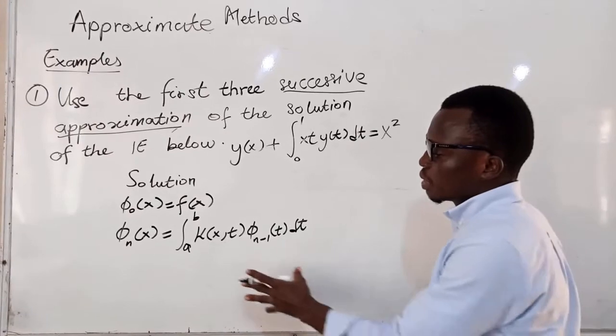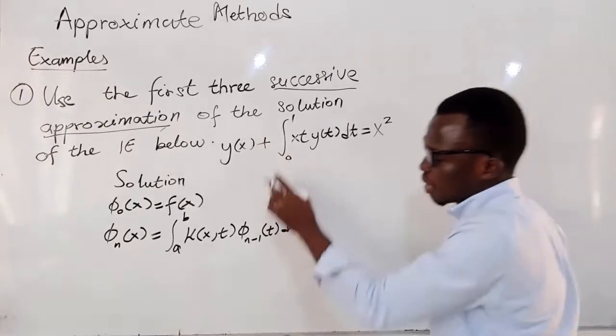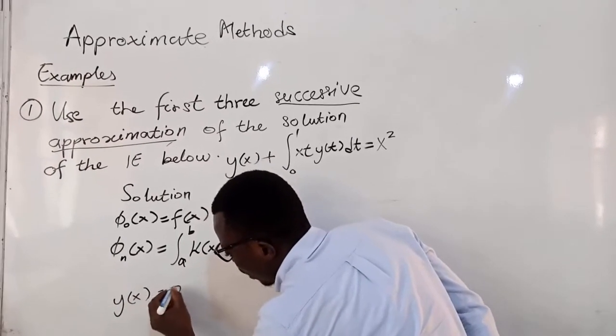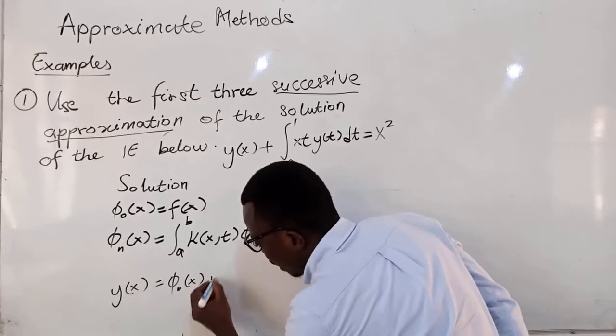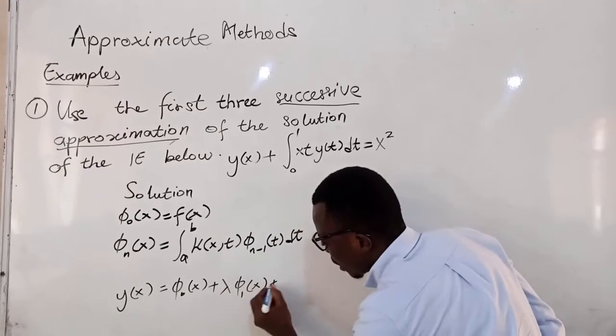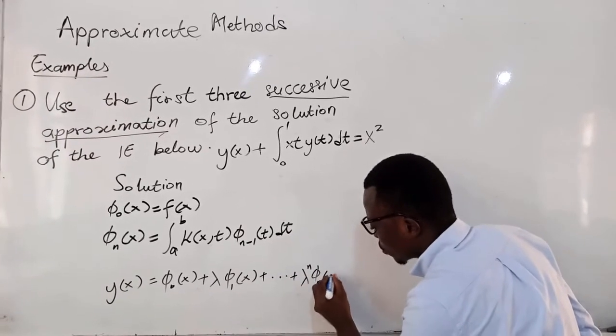And we said a series solution will be able to approximate the integral equation. That is y of s is equal to phi naught of s plus lambda phi 1 of s plus dot dot dot plus lambda to the n phi n of s.